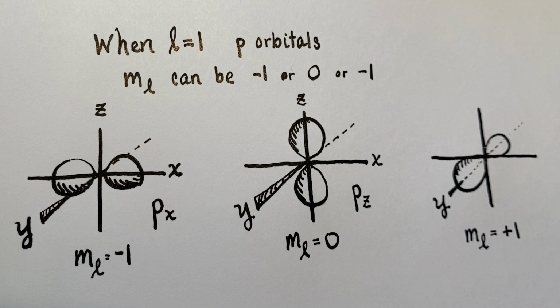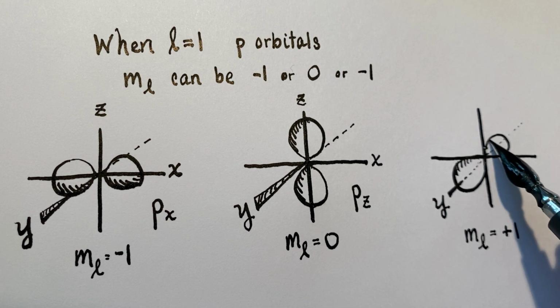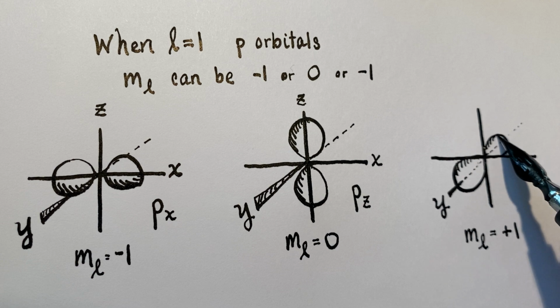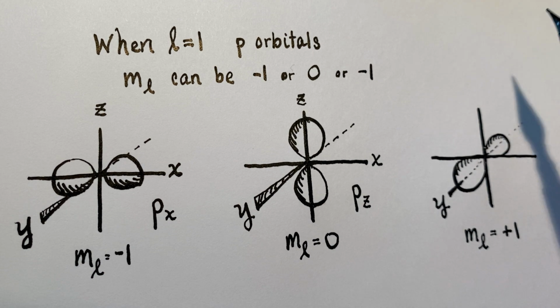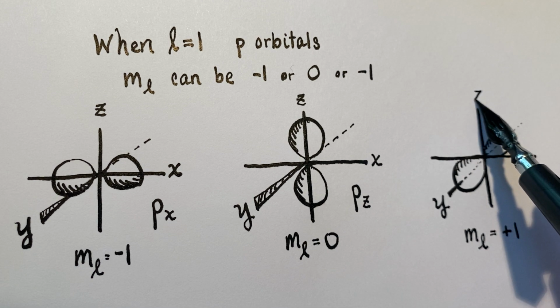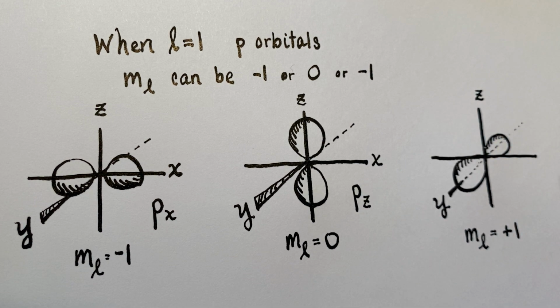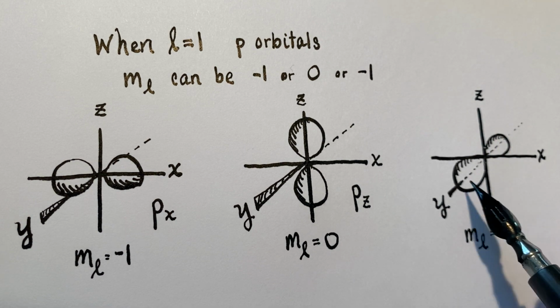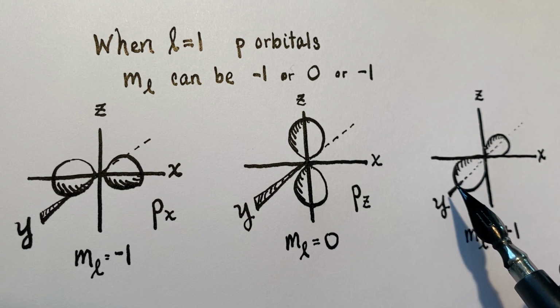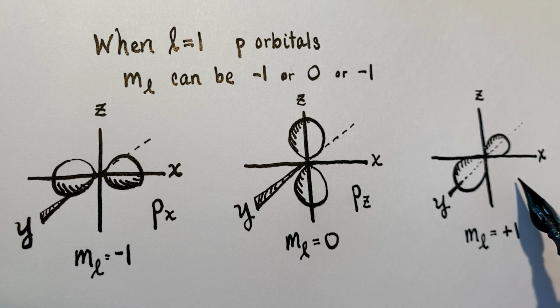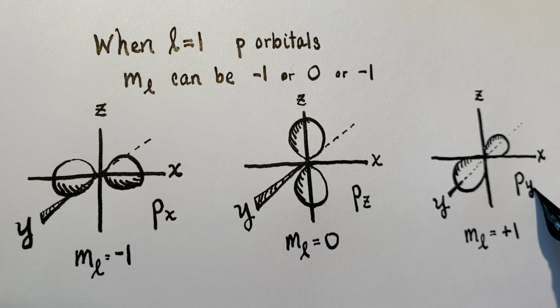I haven't mentioned nodes yet in this video, but I will in a minute. Again, defining our axes, labeling them. Okay, so this p orbital lies along the y-axis. It follows that this is a py orbital.